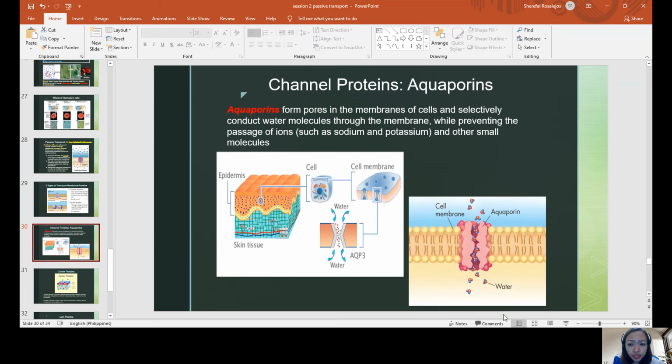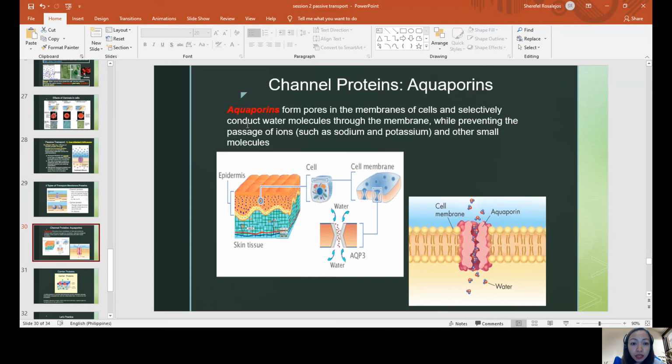I did mention already that water cannot freely move into and out of the cell, right? Because this is the fatty acid region, and this will repel the water. So how does water go in and out? We have a gate embedded in our membrane, and we call that aquaporin, which is very specific for water. Okay, for water only.